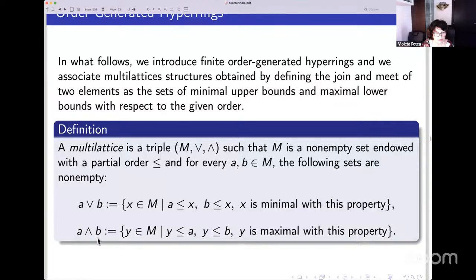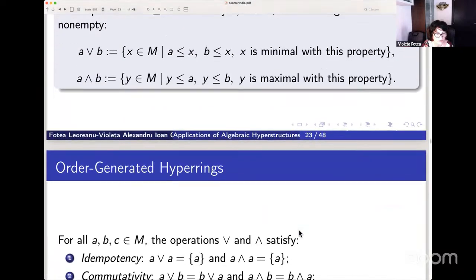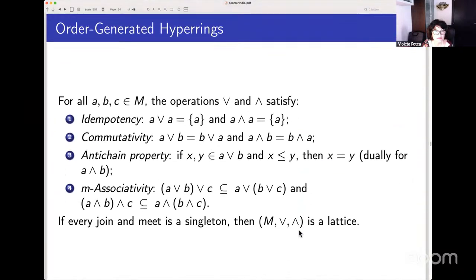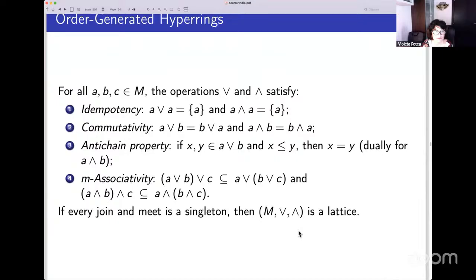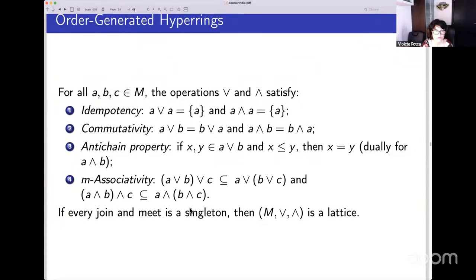For join and meet, I consider these sets, where X is a minimal element with this property, while Y is maximal. If join and meet are singletons, we obtain a lattice. These properties hold for M since we start with a multilattice.